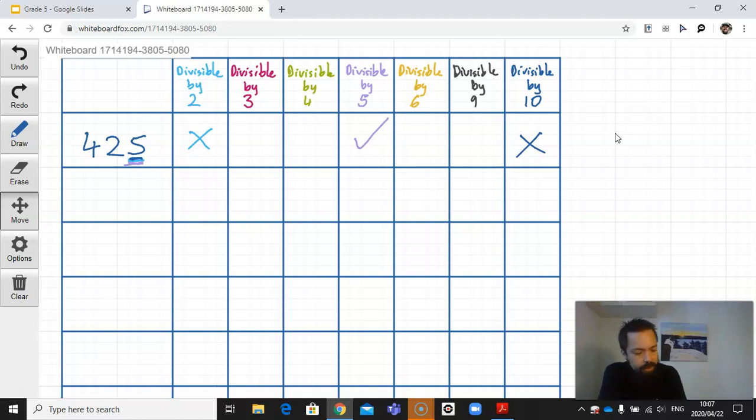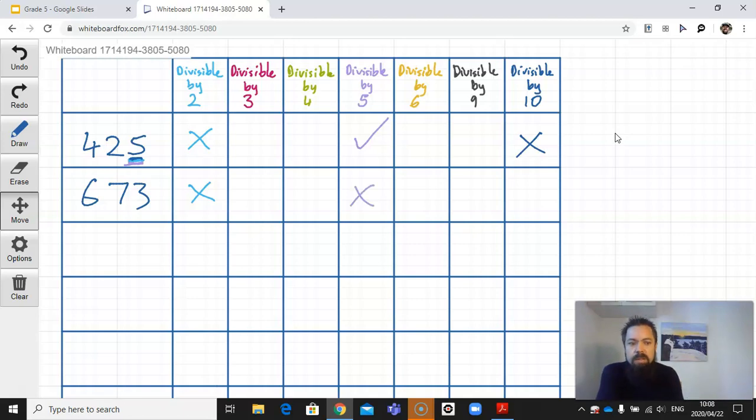The next number I'd like to look at is 673. Let's look at 2. Does it finish in a 0, a 2, a 4, a 6, or an 8? No. So the whole number is not divisible by 2. Does it finish in a 5 or a 0?